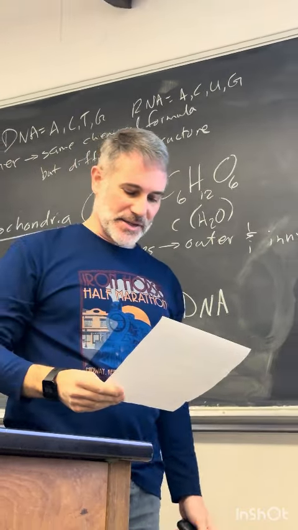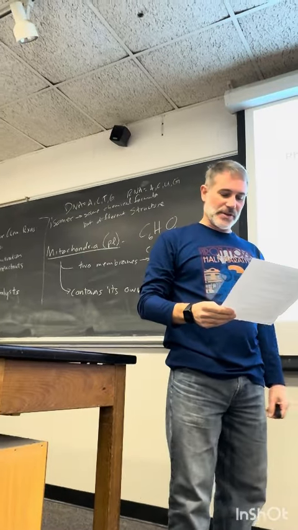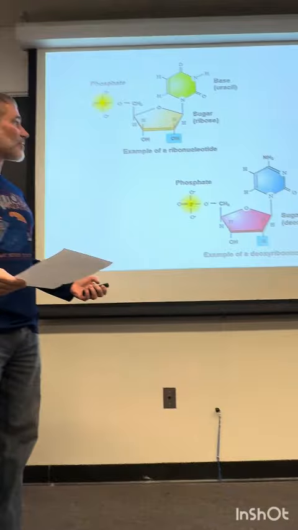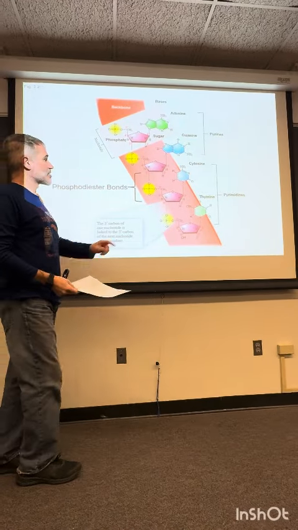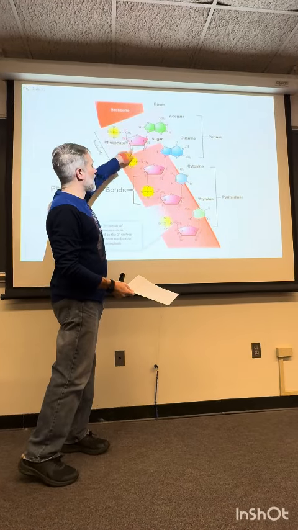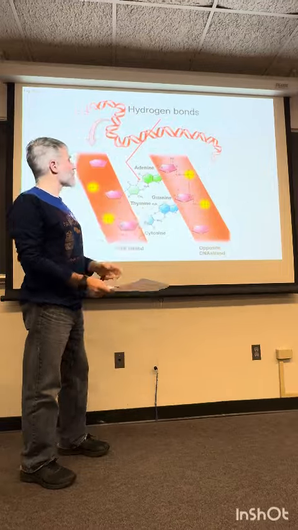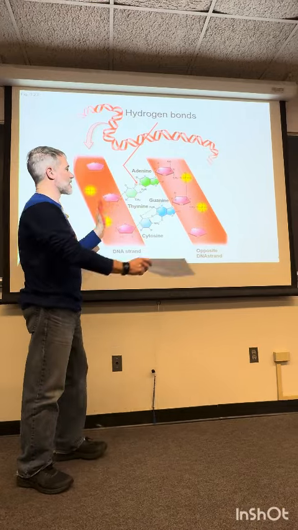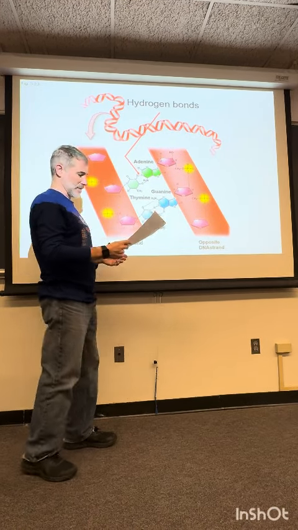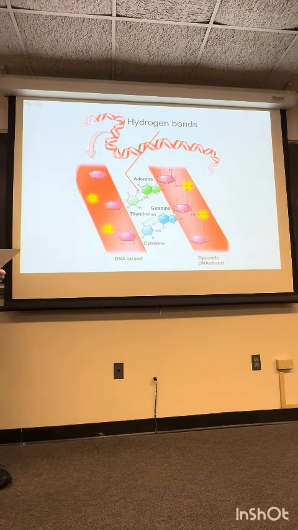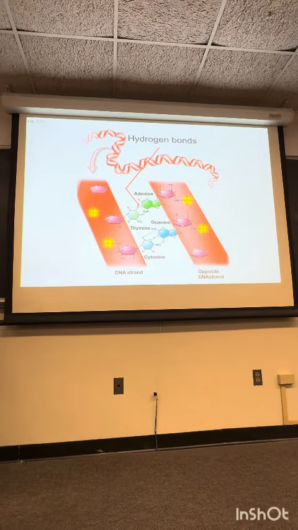The bonds that occur in the molecule in the double-stranded polymer. So we have phosphodiester bonds connecting each nucleotide within a strand. We have hydrogen bonds connecting nucleotides on neighboring strands. And how are the sequences of the two strands related to each other?